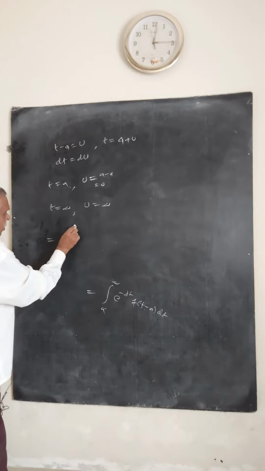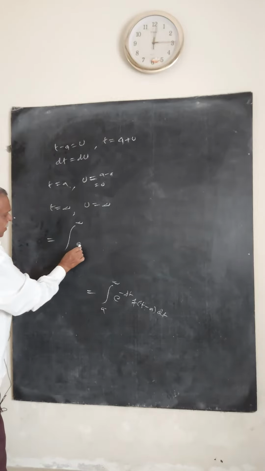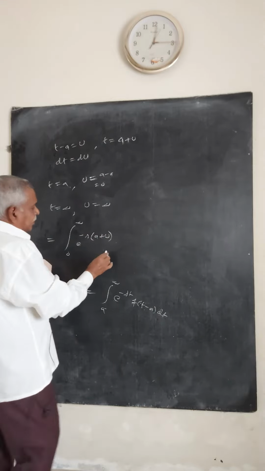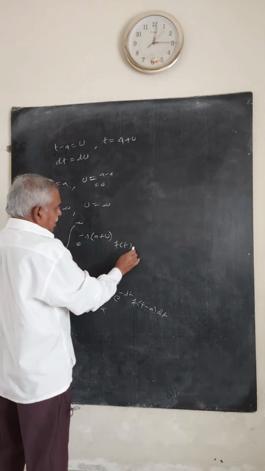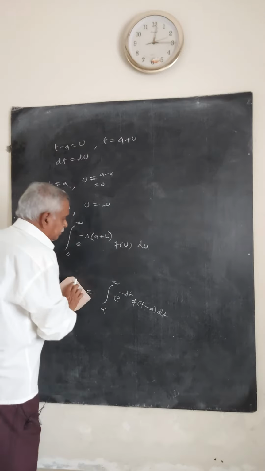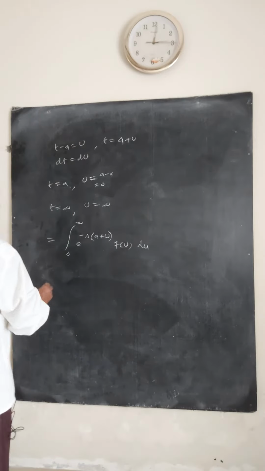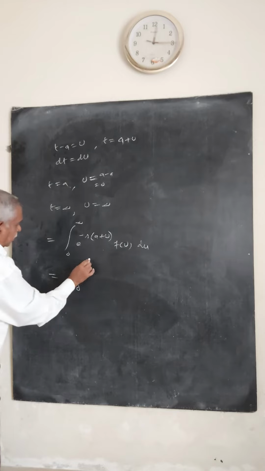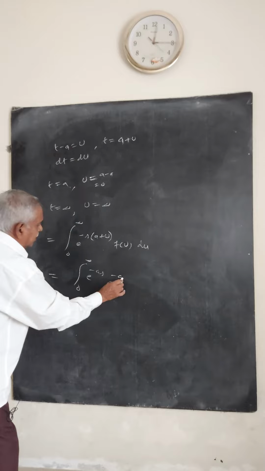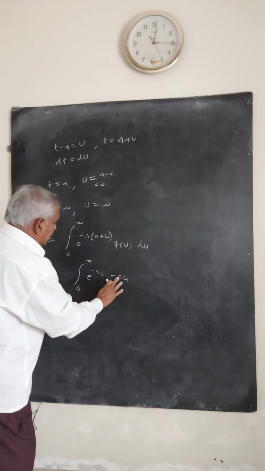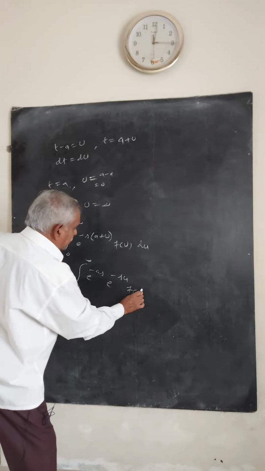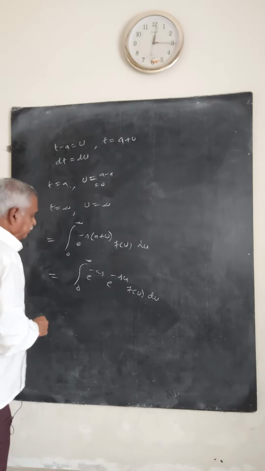the integral from 0 to infinity of e power minus s, t is a plus u, f of t dt is f of u du, equal to the integral from 0 to infinity of e power minus as, e power minus su, f of u du.